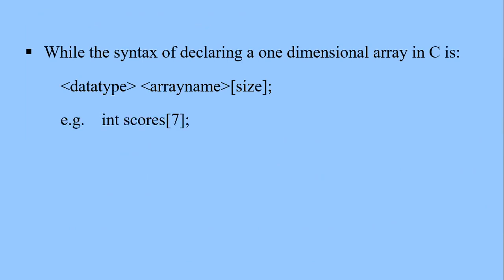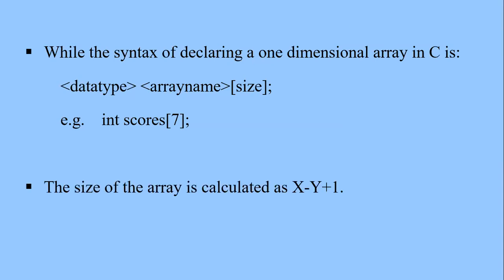For example, in this scores 7, the array name here is scores, the data type is int, and the size of this array is 7. The size of the array is calculated as x minus y plus 1.